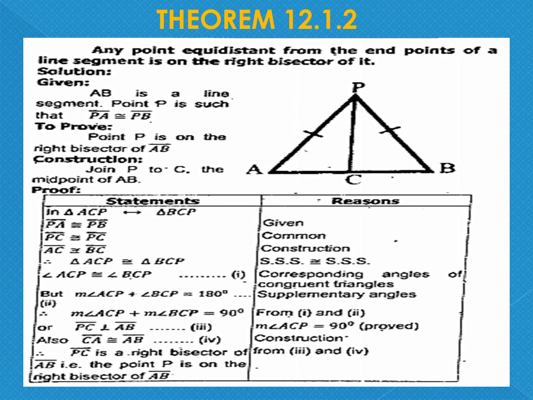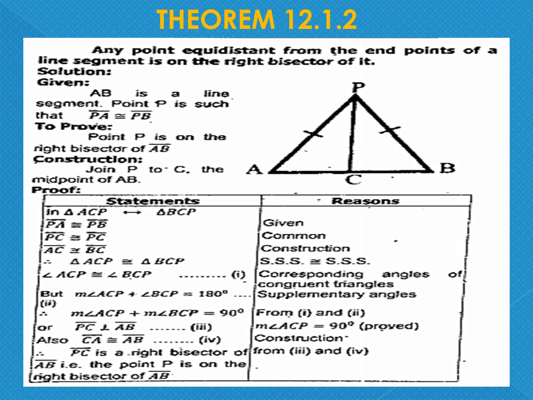And right now we have AB as a line segment, point P is present above the line segment, and the distance of that point P from the endpoints is PA congruent to PB. All these things are given to us.